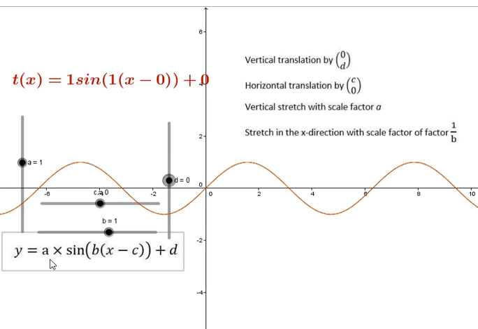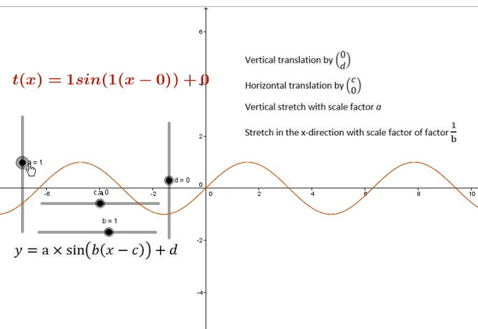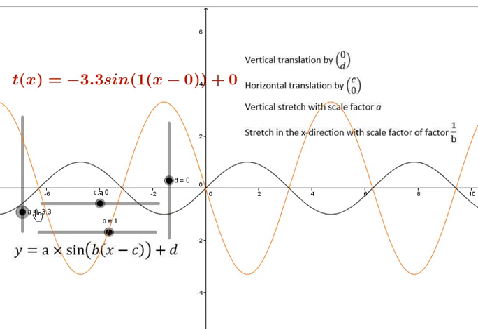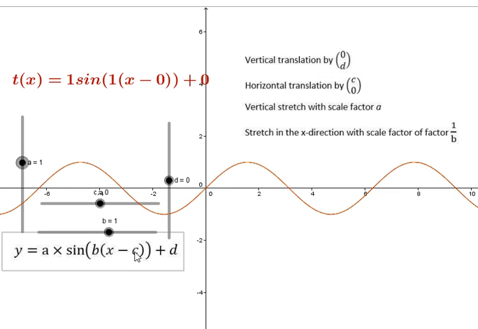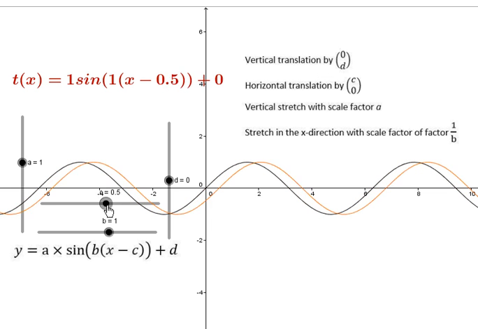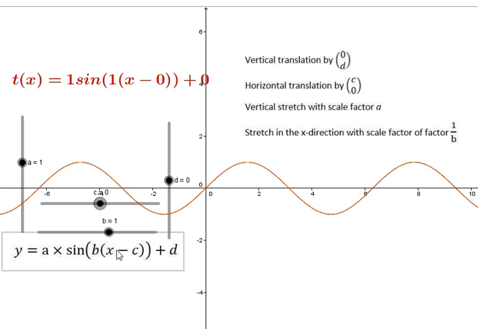And here we have a outside the brackets. Can you guess what that is? It's a vertical stretch. And here we have c inside the brackets. I'm sure you've guessed that's the horizontal translation.